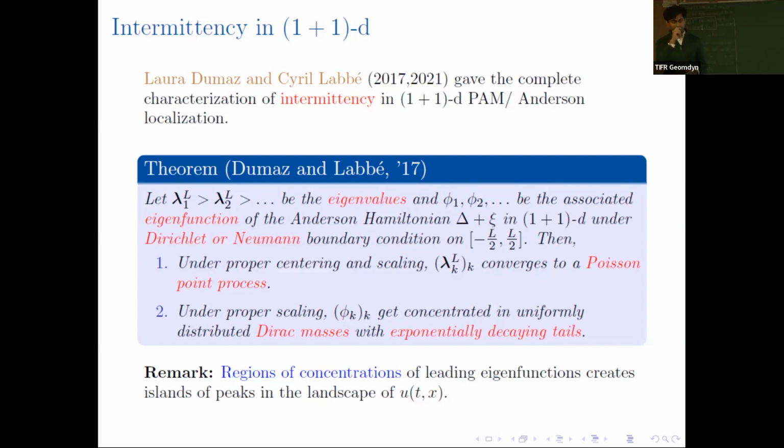Is the rate of decay related to the eigenvalue? The rate of decay would. Yeah, the location of the... Since you asked the question, I should mention that there is another notion of localization called dynamical localization, where you are also able to specify at what rate they are decaying.